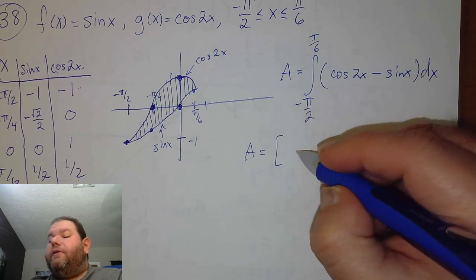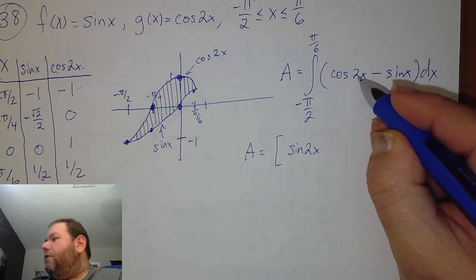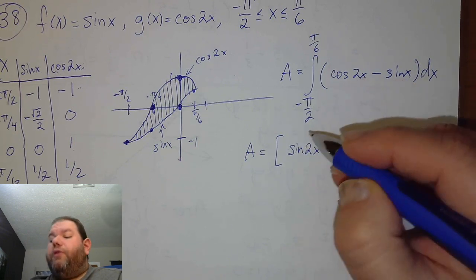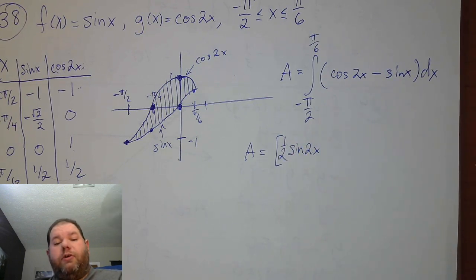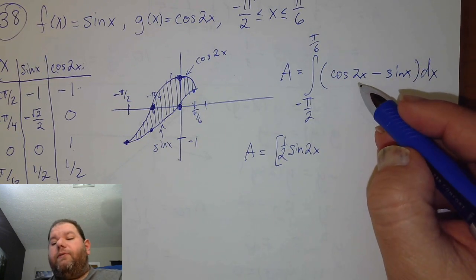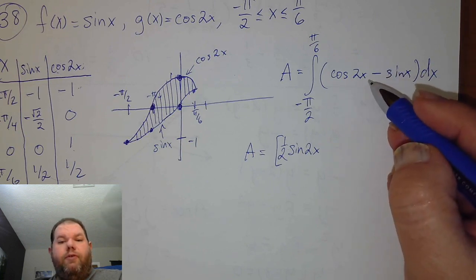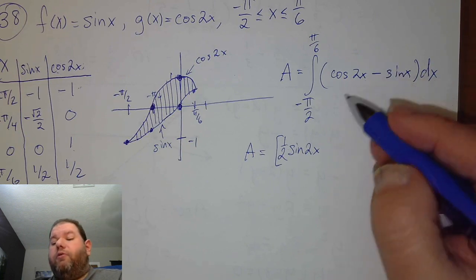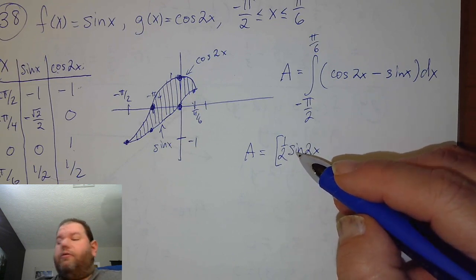So we know it's sine 2x, but because the angle inside is 2, we know it's going to be a 1/2. Now, we're not going to include a square because it's not a power rule. But the idea is that normally we would do a u substitution for 2x, u equals 2x. We get a derivative of 2. And that 2 would then turn into a 1/2 when we resubstitute it into that integral.